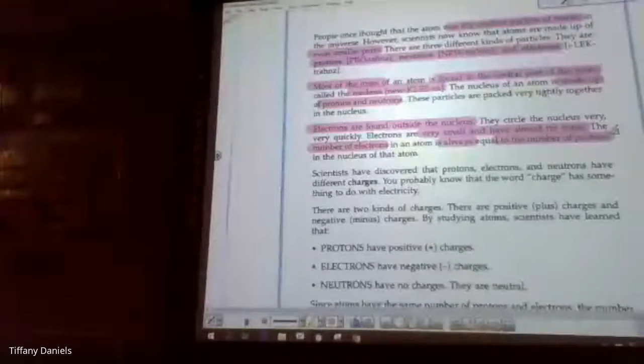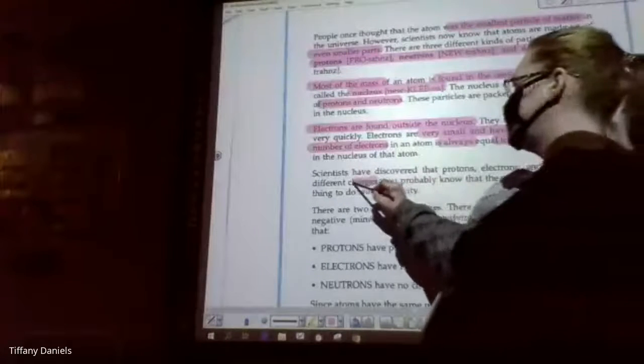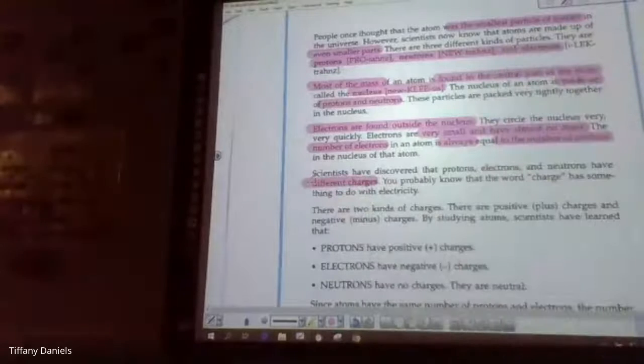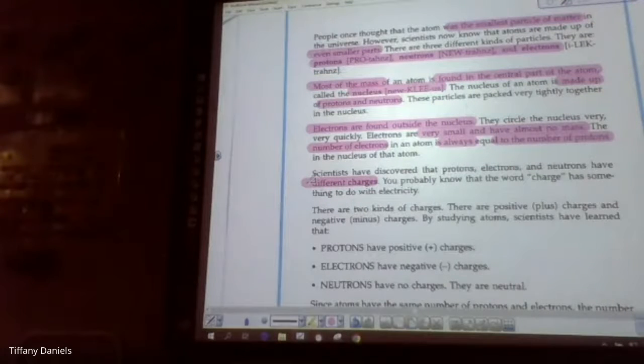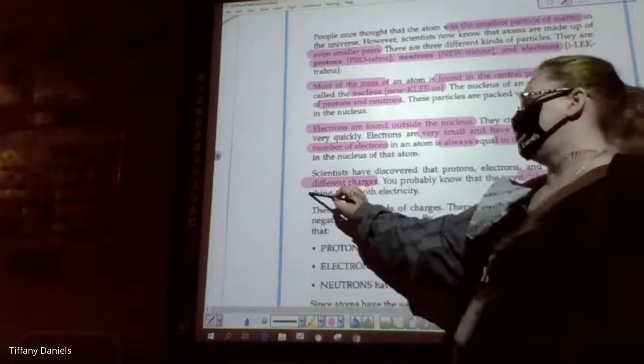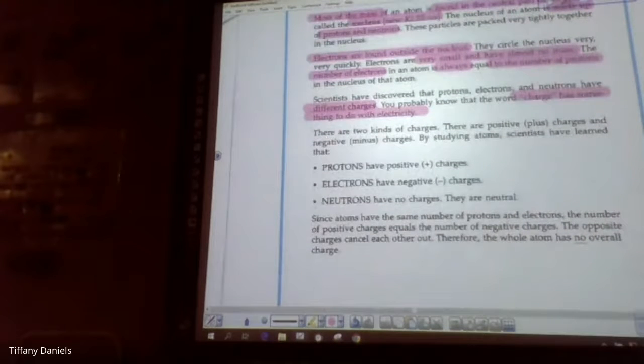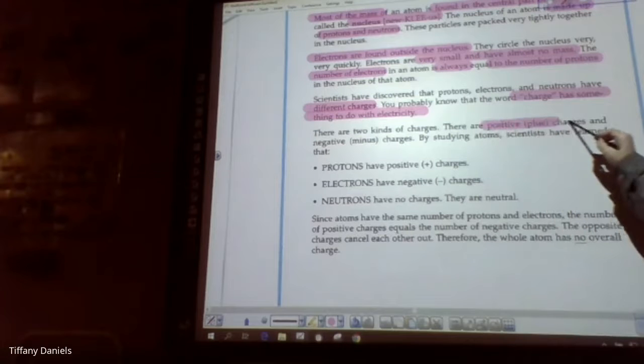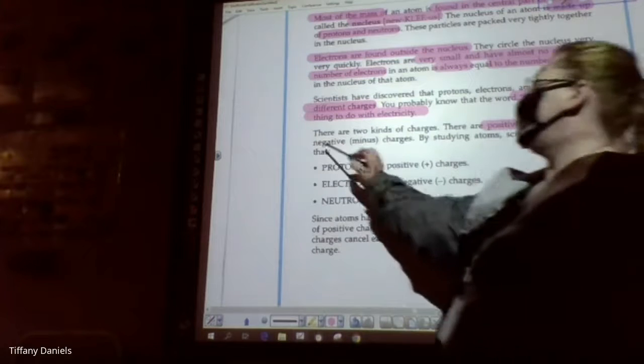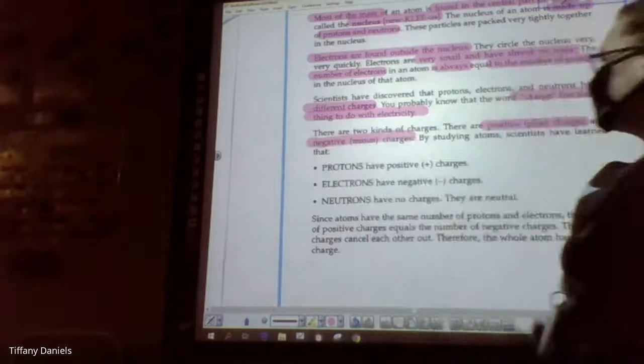Scientists have discovered that protons, electrons, and neutrons have different charges. You probably know that the word charge has something to do with electricity. There are two kinds of charges. There are positive or plus charges, and negative or minus charges.